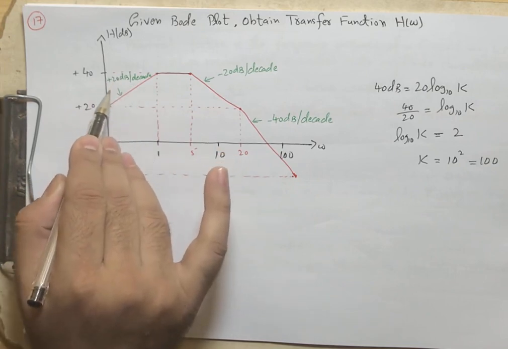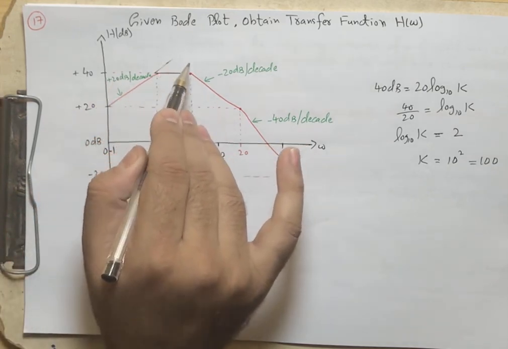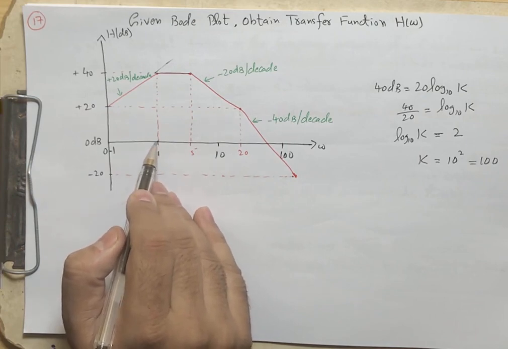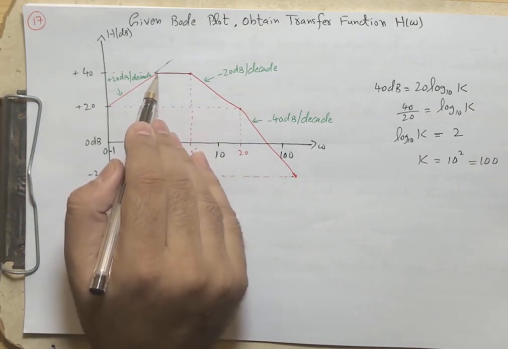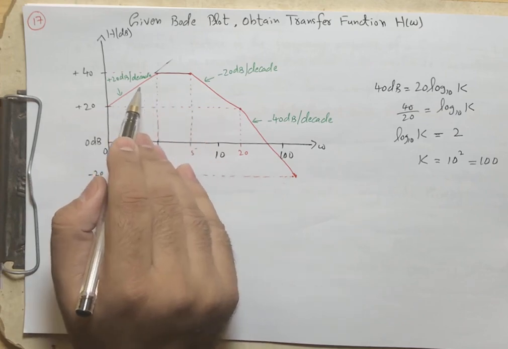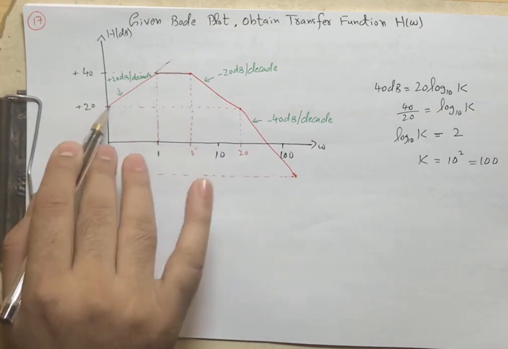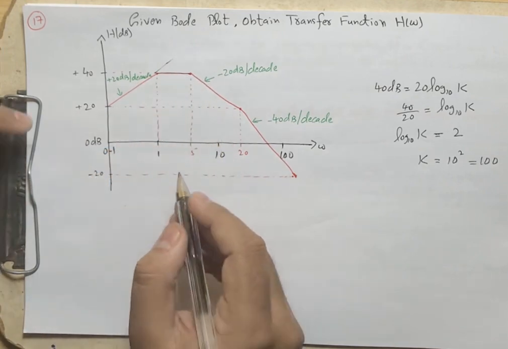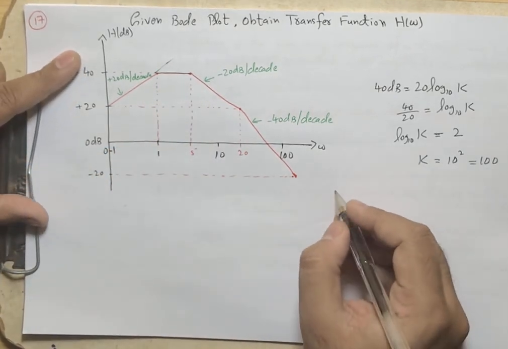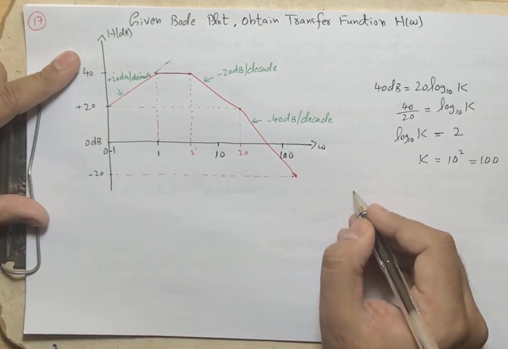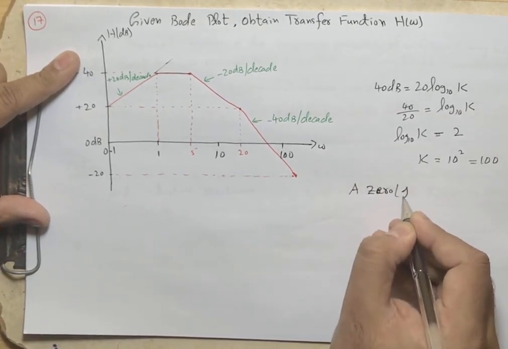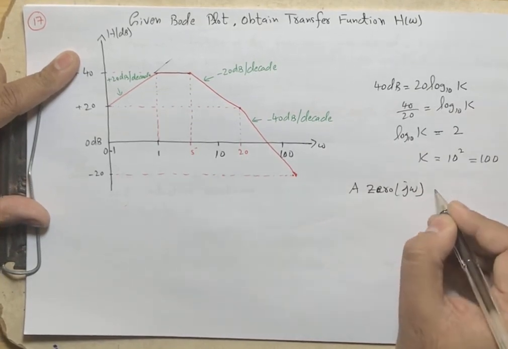It will keep on increasing, but once there is a pole at omega is equal to 1, it flattens out. So basically I can say that I have a zero, j omega, at origin.